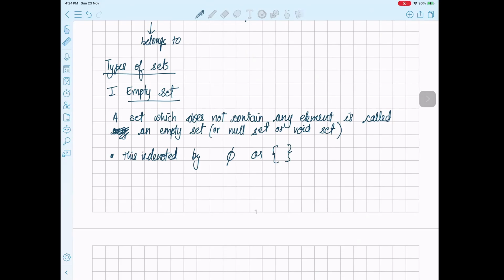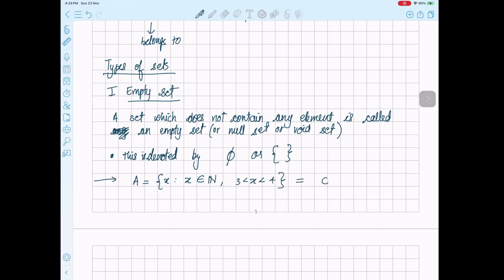So, for instance, I could define a null set in the following way. Consider this. Let's say A is equal to the set of all elements x such that x belongs to the set of natural numbers and x is between 3 and 4.